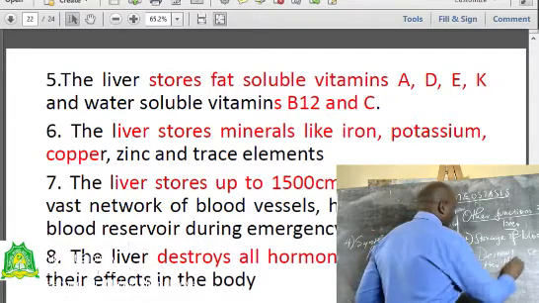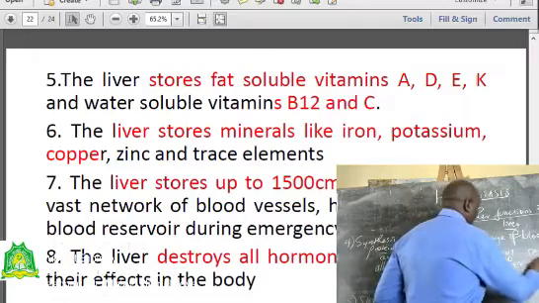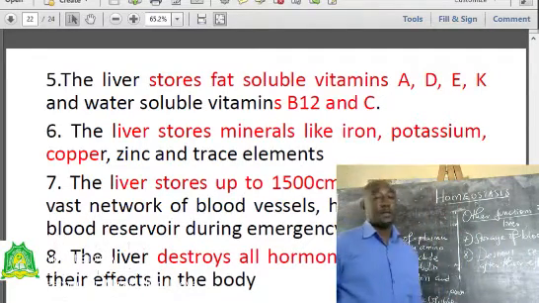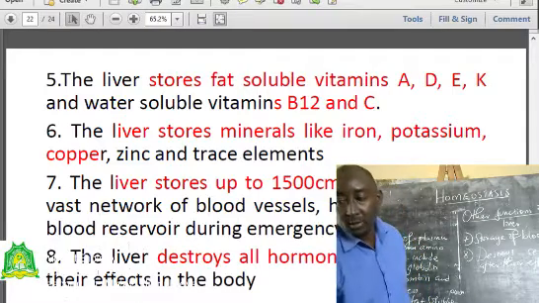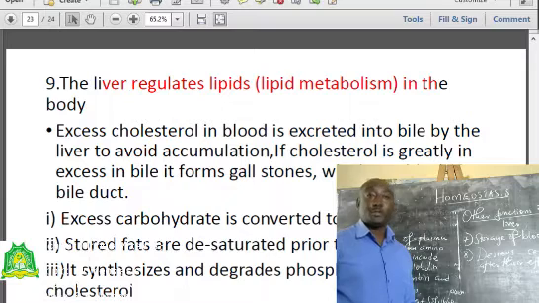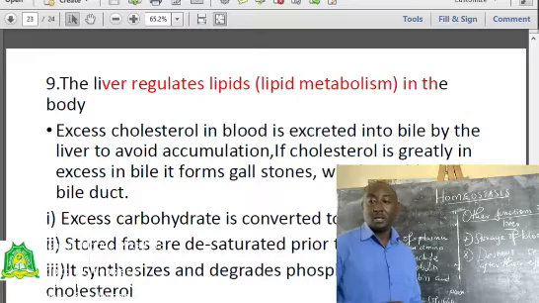For example, the hormone testosterone. This hormone must be destroyed. If it is not destroyed, it will continue exerting its effect. That means ejaculation will be prolonged. So it must be destroyed.